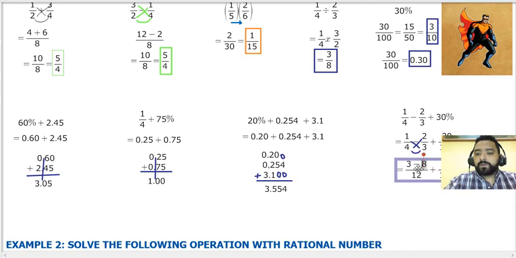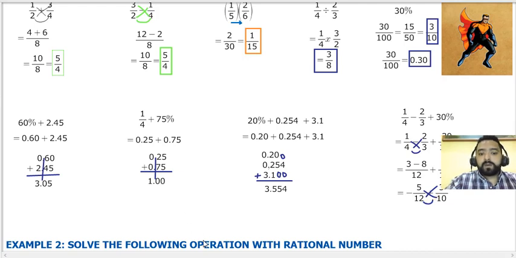So now we are going to work with this one. 3 minus 8, remember the operations for integers. 3 minus 8 gives us negative 5 over 12, because 8 is greater than 3, plus 3 over 10. And then you have to reapply the happy face again. So it's going to be 10 times 5, 12 times 3, and 12 times 10.